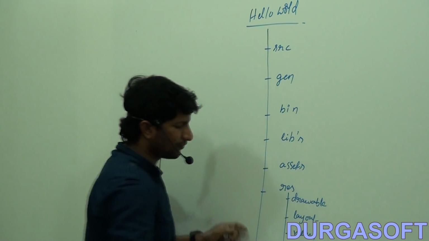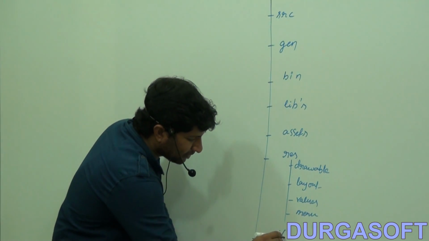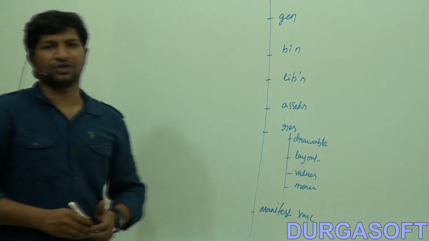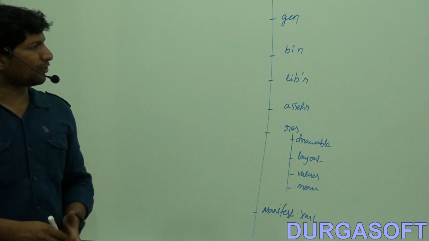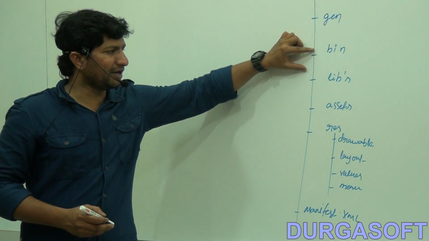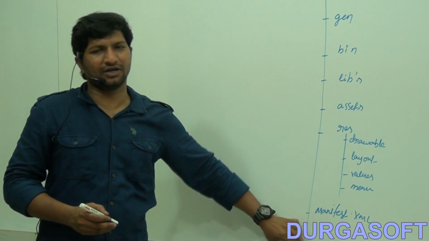After this you will get an important file called manifest.xml. So if you create a single project, you will get all these folders: src, gen, bin, libs, assets, resource, and the manifest.xml file.